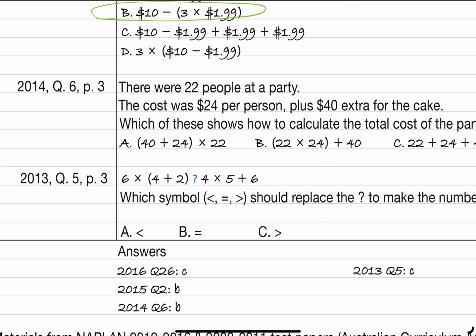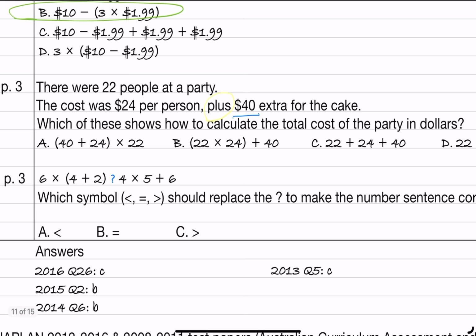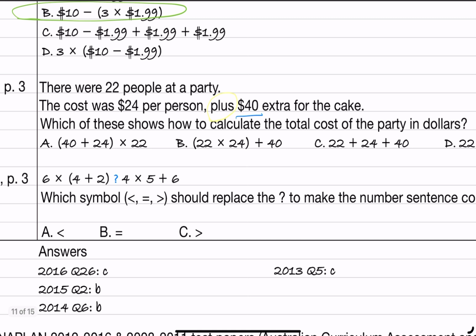2014, question 6 on page 3. There were 22 people at a party. The cost was $24 per person, plus $40 extra for the cake. Which of these shows how to calculate the total cost of the party in dollars? Ooh, now we're going to use that BODMAS again.